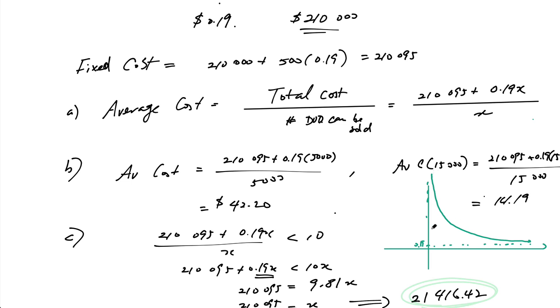From this graph, you can see the average cost when you're selling nothing is really high. It's modeled as being really high. But as you sell more, we get closer and closer to the actual cost per disc. So if you sell a lot, like maybe 1 million, we'll get pretty close to 19 cents.